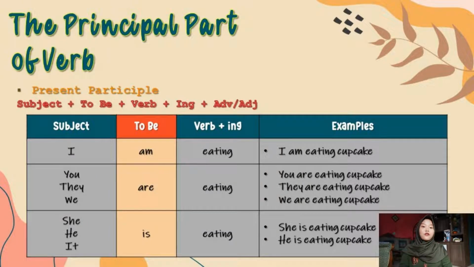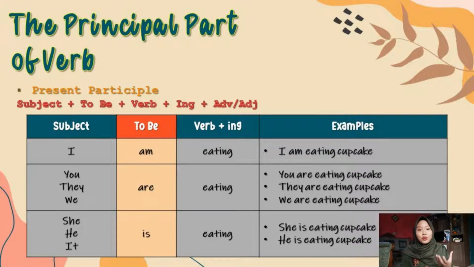The formula of present participle is subject plus to be, am, is, or are, plus verb plus ing, plus complement. So, with subject I, you use the to be am. Example: I am eating cupcake. But if you use subject you, they, and we, the to be is are.